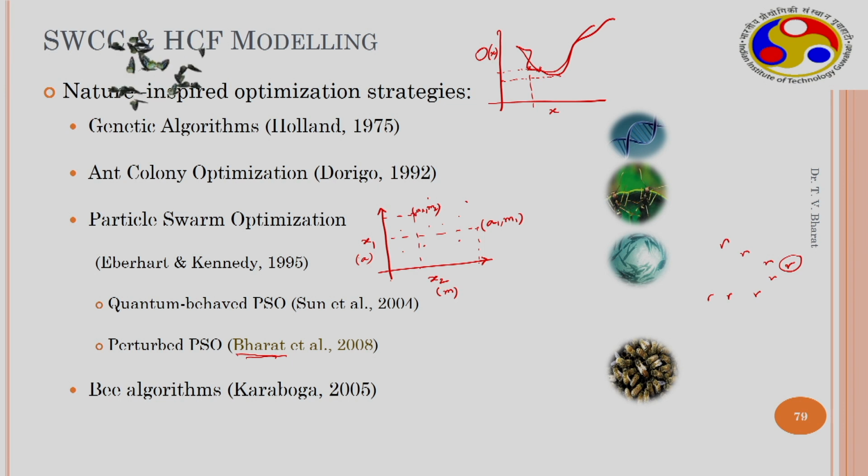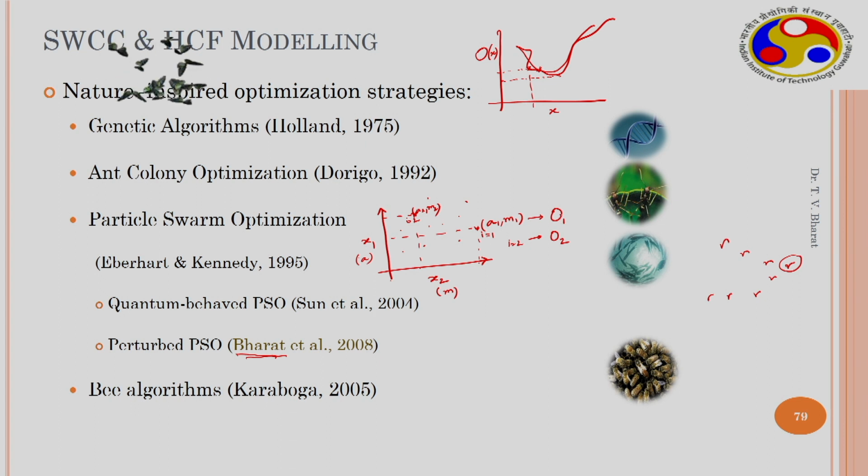These are two possible solutions for our problem, and similarly you have chosen n such solutions in the search space: i equals 1, i equals 2, and so on up to n. For i equals 1 you can obtain the objective function O1, and for i equals 2 you can obtain the objective function O2.